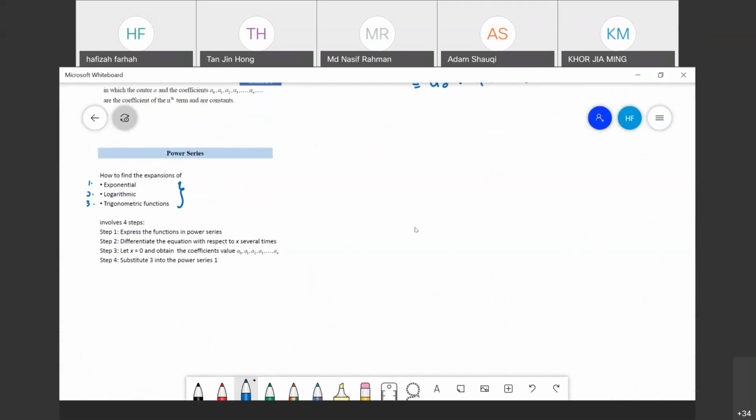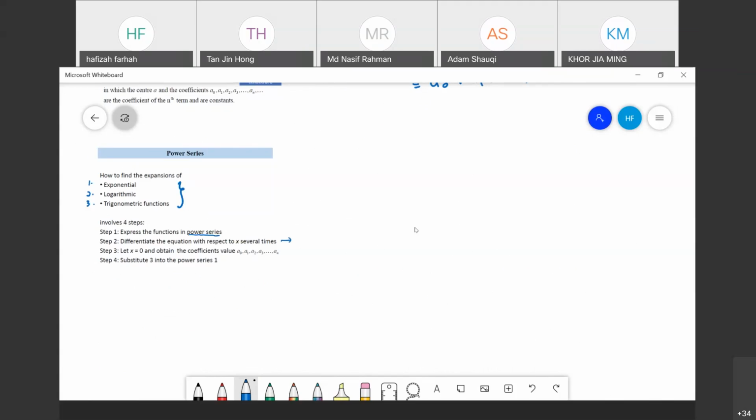For finding the expansion of these three functions, it involves 4 steps. The first one, we will express the function as a power series, and then we will differentiate the equation with respect to x several times. This depends on the question. If they need to find the first 5 terms, then you maybe have to differentiate 5 times, depending on the function.